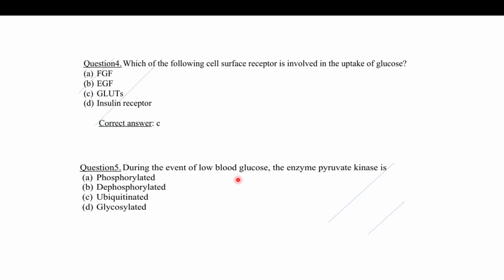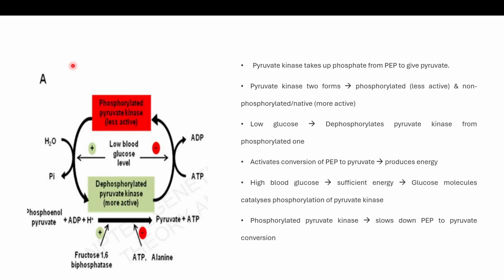Now, when there's low blood glucose, what happens? We looked at regulation of glycolysis by the phosphorylation or dephosphorylation status of the pyruvate kinase enzyme. We saw that when the blood glucose levels are lower, the enzyme pyruvate kinase is dephosphorylated. Just to brush up, pyruvate kinase helps in the glycolytic pathway for the conversion of PEP to pyruvate, and it has two forms.